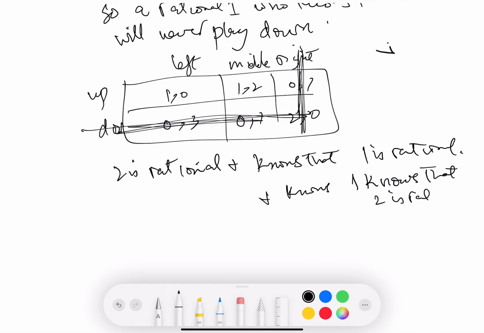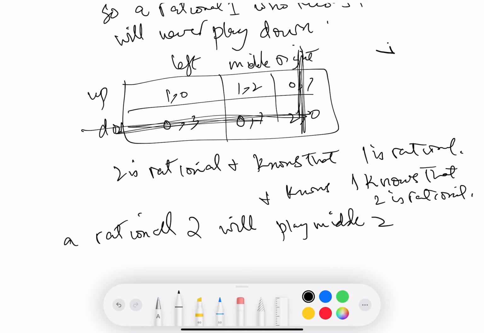So common knowledge is important. 1 knows that 2 is rational. So now this is the game left for 2. What you see up there. And now it's very clear. A rational 2 will play middle. 2 is greater than 0. Boom, boom, boom.